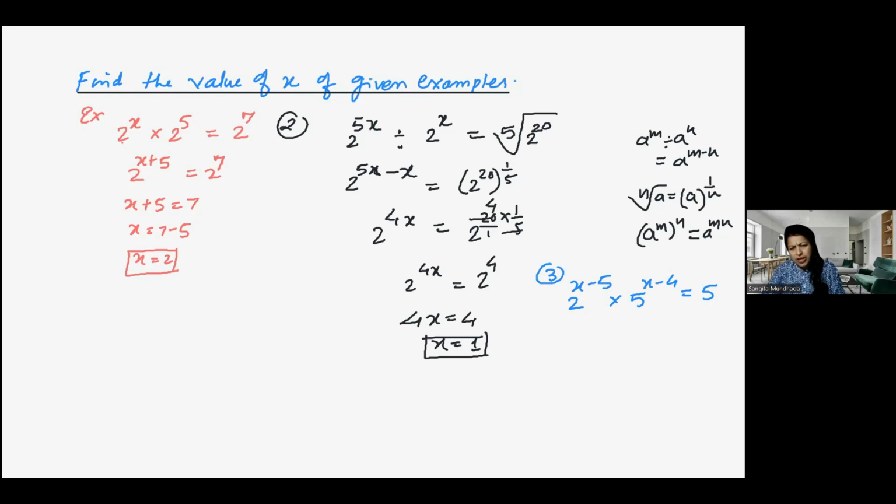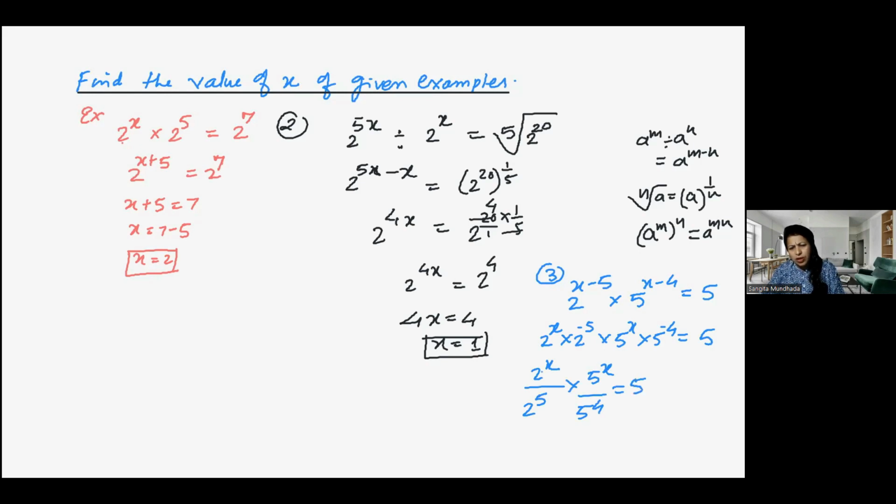We have to split up first power: 2 raised to x, 2 raised to minus 5, into 5 raised to x, into 5 raised to minus 4 is equal to 5. Now, 2 raised to x upon 2 raised to 5 into 5 raised to x upon 5 raised to 4 is equal to 5.